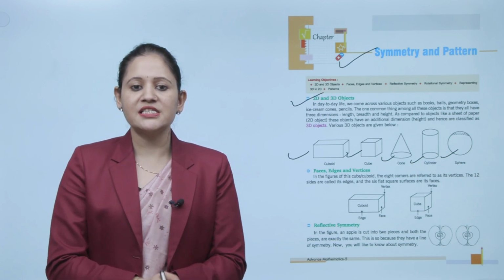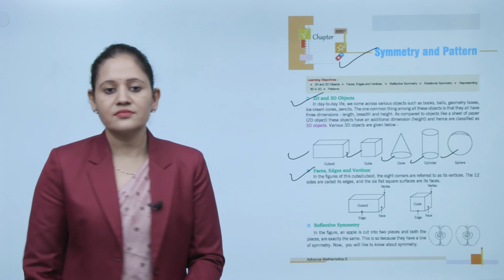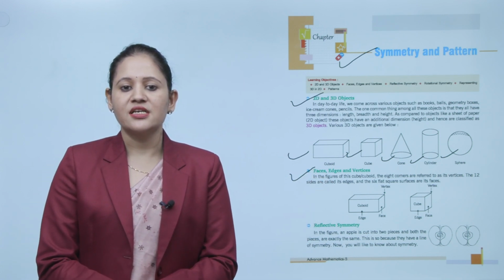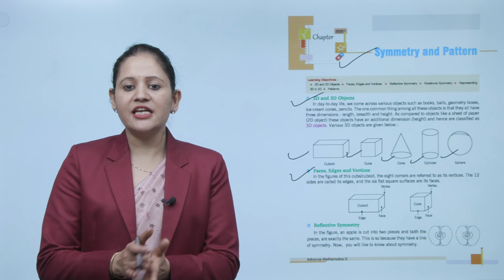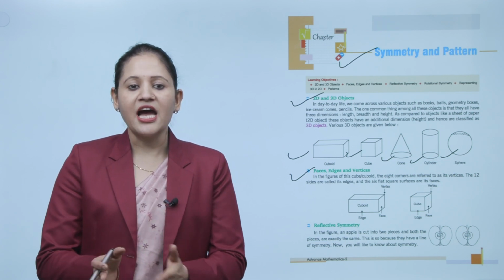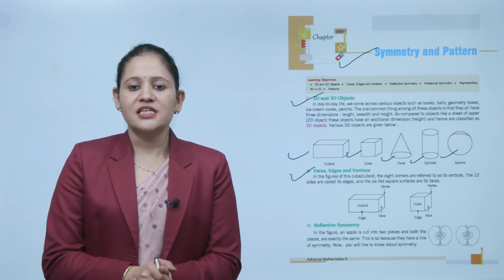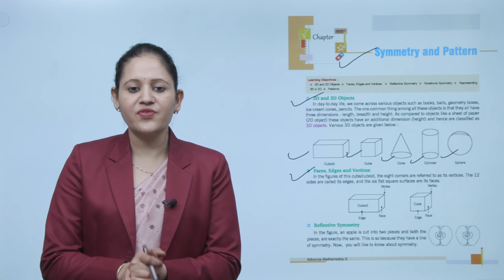Next is faces, edges and vertices. In the figure of this cube or cuboid, the 8 corners are referred to as its vertices, and 12 sides are called its edges, and 6 flat surfaces are its faces.